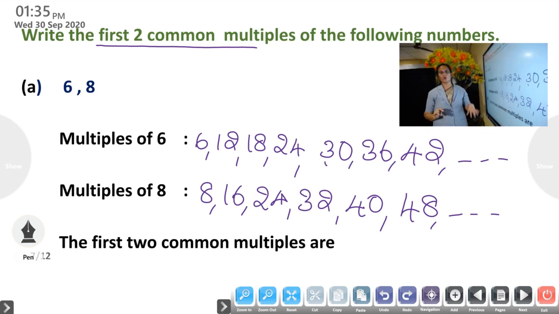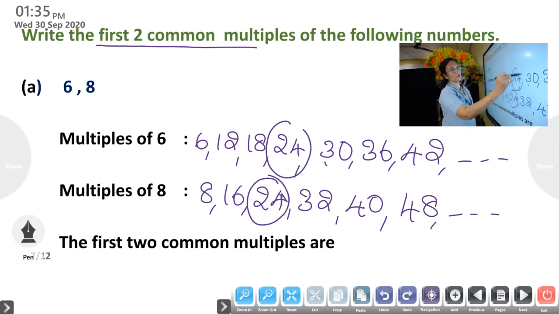Now just try to find out common multiples. 6, 12, see 24 is common, isn't it? 24 is common. Now are you getting any other common number here? No. So what you have to do?